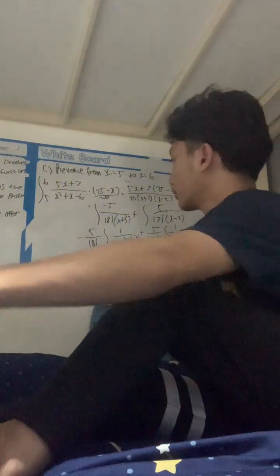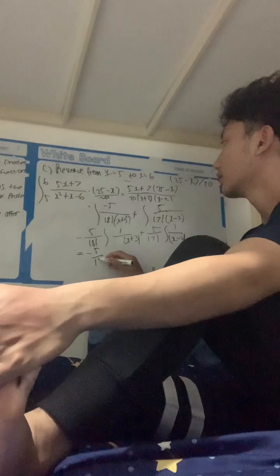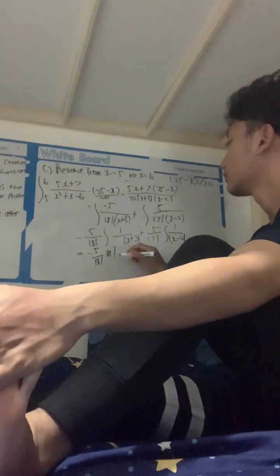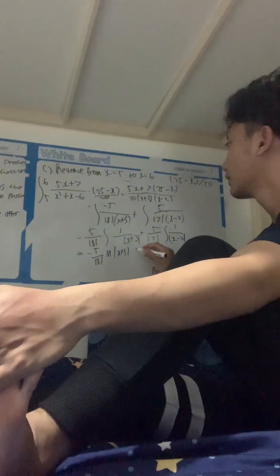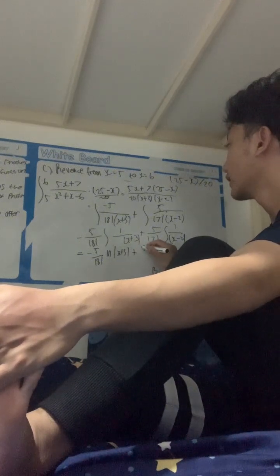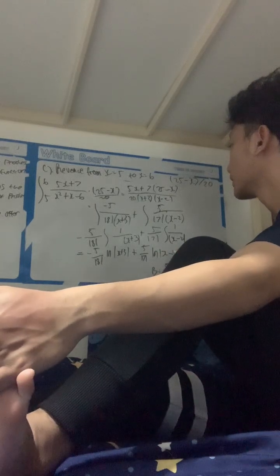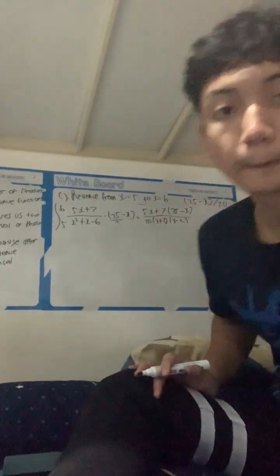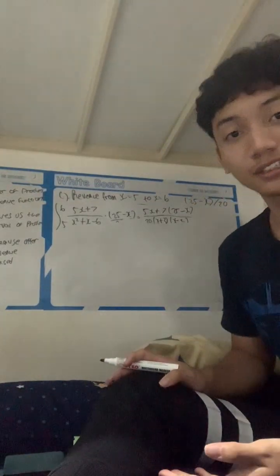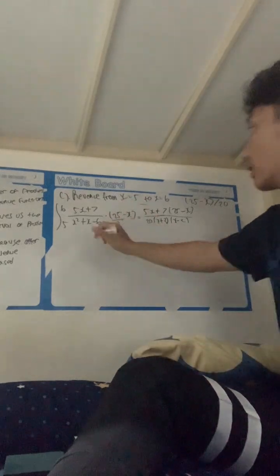This will be 5 over 181 ln of x plus 3 plus 5 over 171 ln of x minus 2.